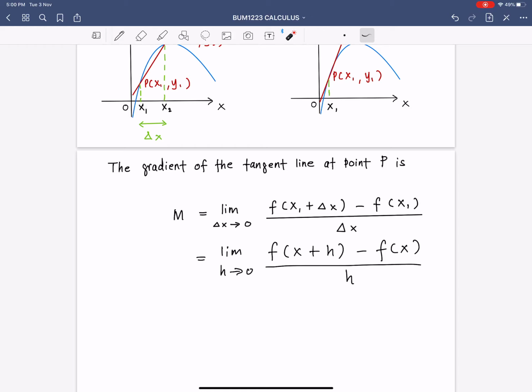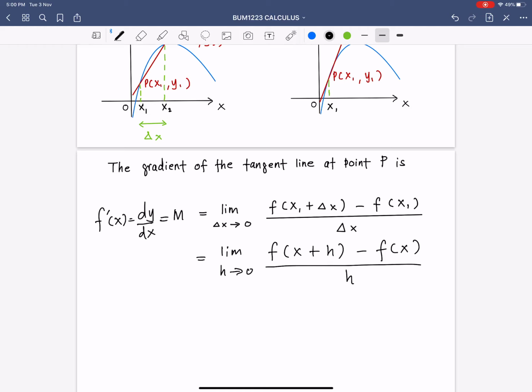Based on topic 2.1, we know that m equals dy/dx, which is actually f prime x.